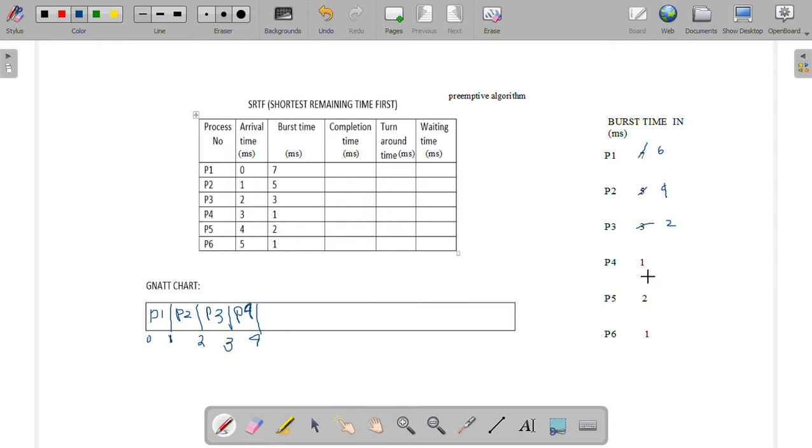So P4 is done, and P4 now has a burst time of 0 milliseconds.